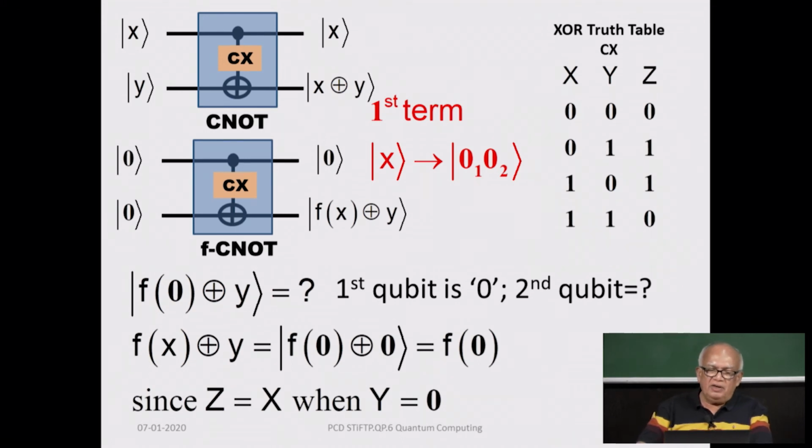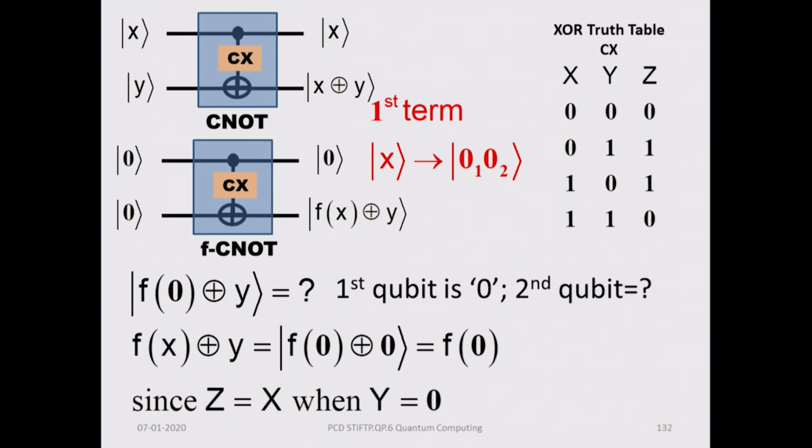So, that will be f of 0, because z is always equal to x when y is 0, and that you know from the XOR truth table, right? If y is 0, then z is always equal to x. So, here it is, y is 0, z is equal to x, here y is not 0, but here y is 0 again, and z is again equal to x, right. So, z is always equal to x when y is 0.